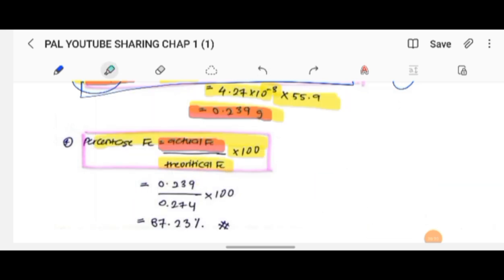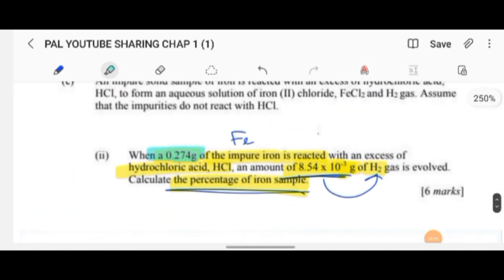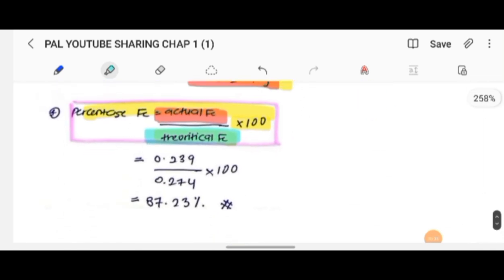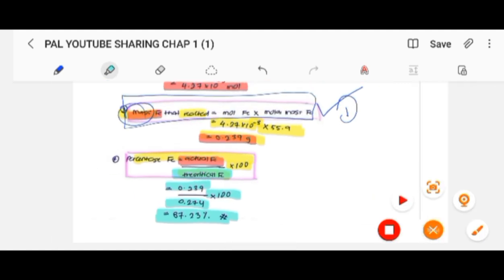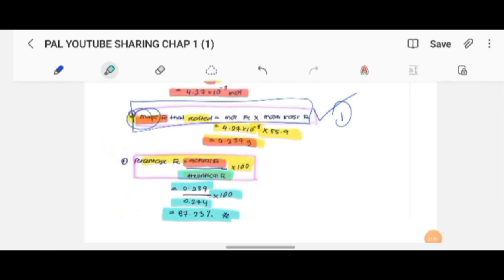The mass of theoretical Fe is given above, just 0.274 gram. So we just put it into the formula, and we will get 87.23%. Okay, so that's all. This is the answer to the question, the percentage of Fe that reacted. So this is the final answer.